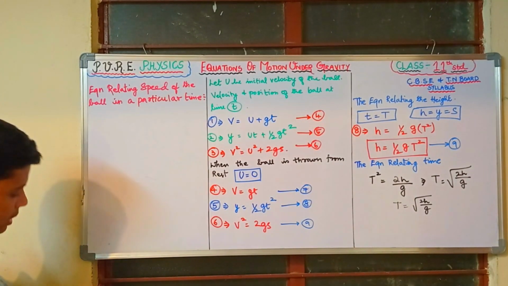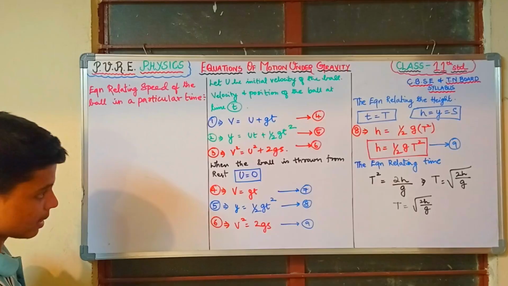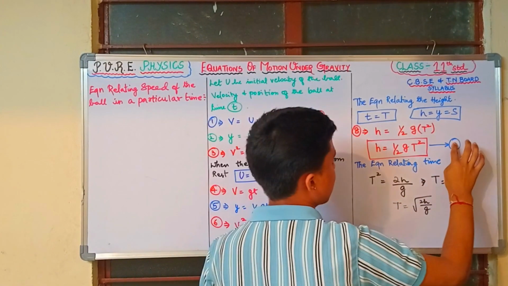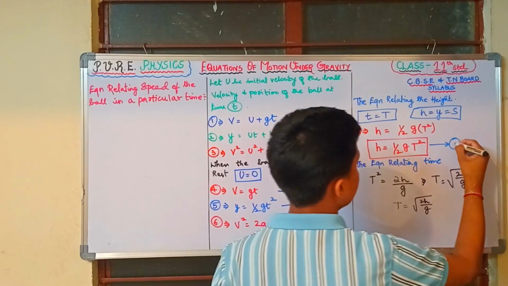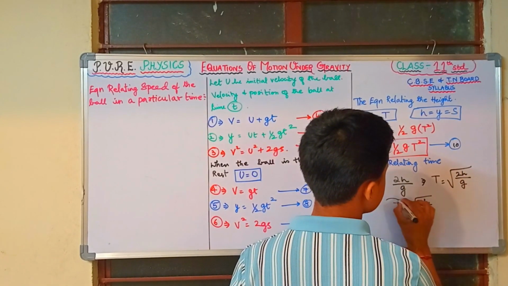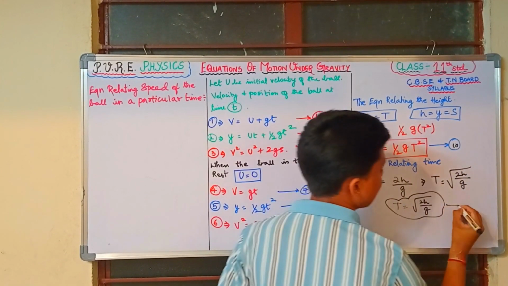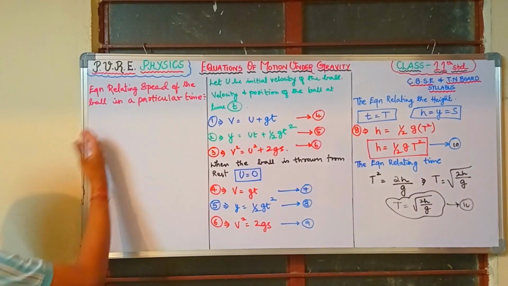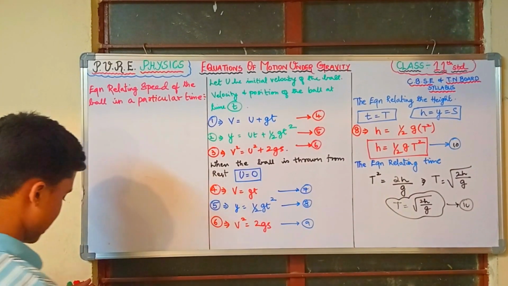So if this is the ninth equation, this will become the 10th equation, and this will be my 11th equation. And now, in order to find this equation, I'm going to use this ninth equation.